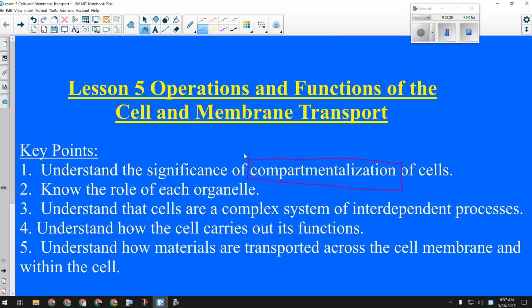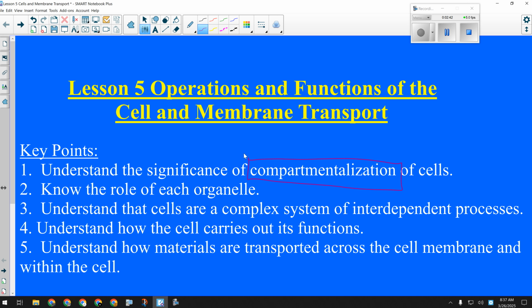Now, something we haven't talked about but will today is that there are actually two groups into which cells can fall. And I don't mean plant and animal, because plant and animal cells are actually in the same group of cells.